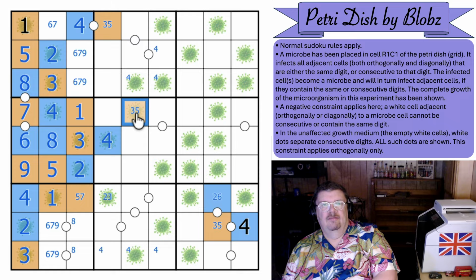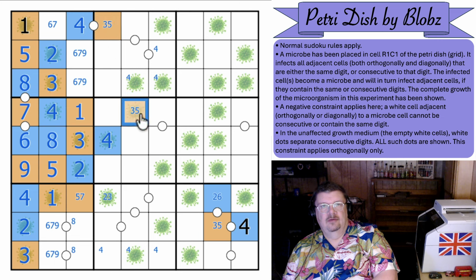So with that being a 5, one of those is a 5 or a 6, at least. Wait. Hang on. If that's a 4, that's a 3, that's a 2, that's a 5.